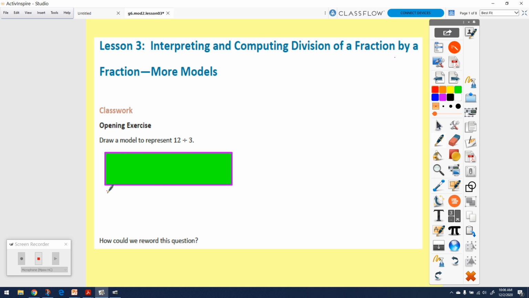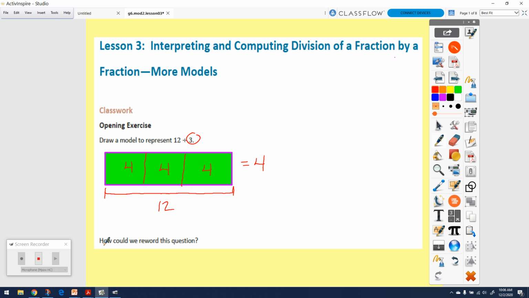So the length here is 12 units. And it wants us to divide it into 3 units. So we divide by 3. And in order to find out what number, we say 12 divided by those 3 groups leaves us a 4 in each. And so our answer is 4.